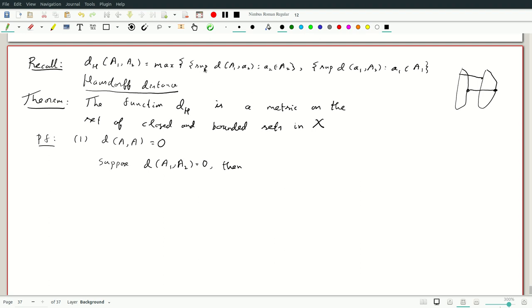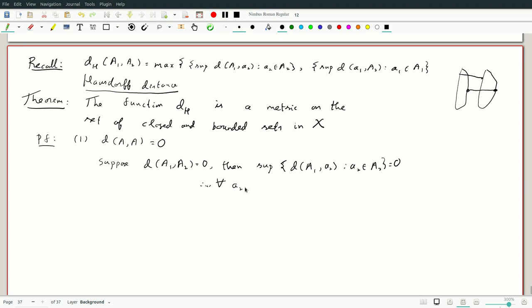Then this is the maximum of two quantities. So we see that the supremum of the distance between A1 and a2, over a2 in A2, is 0. But what does this tell you? Well, this is a supremum of non-negative numbers.